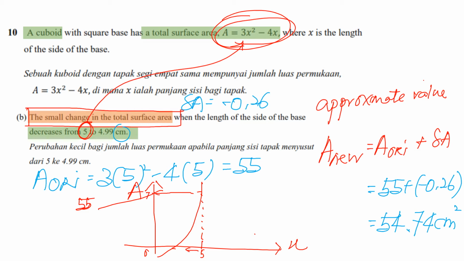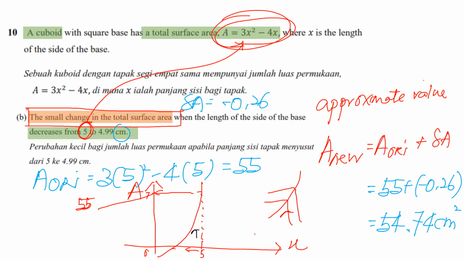Let's say 4.99. Now I zoom in. You may zoom in and see. From 5, now this is 4.99 from here. I use another color, maybe black, 4.99, decreasing.